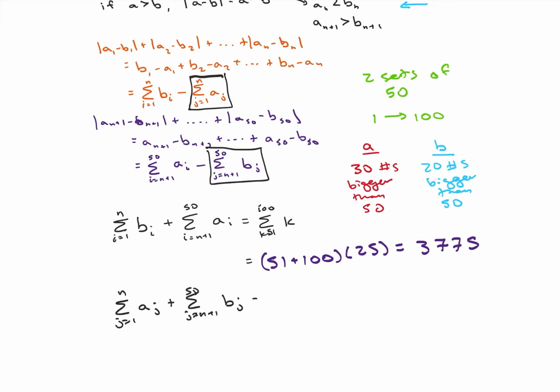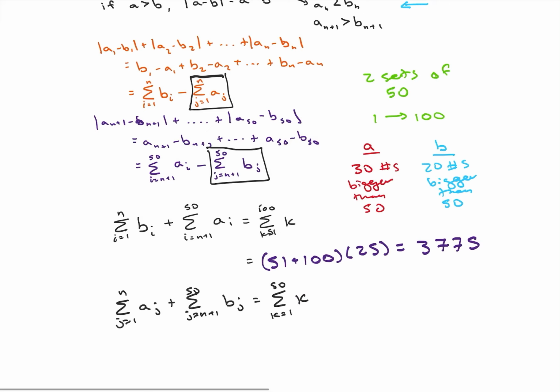So we're going to be taking the sum from k equals 1 to 50 of k. Essentially, we're just doing the first 50 terms, so we can do the same thing we did above. 1 plus 50 is 51. We can multiply that by the 25 pairs of numbers, and we're going to end up getting 1,275.